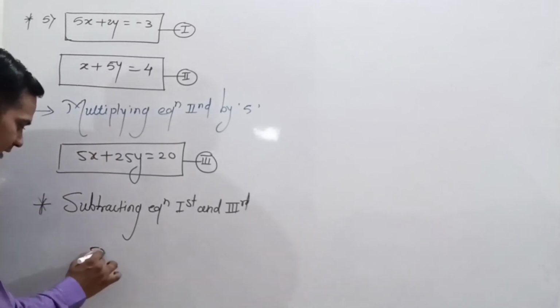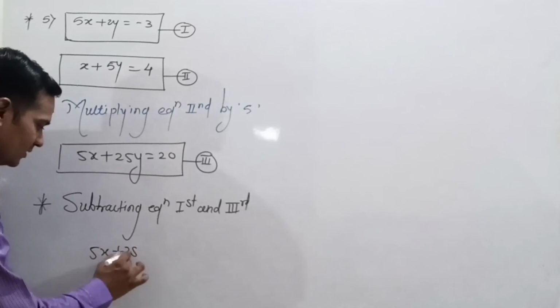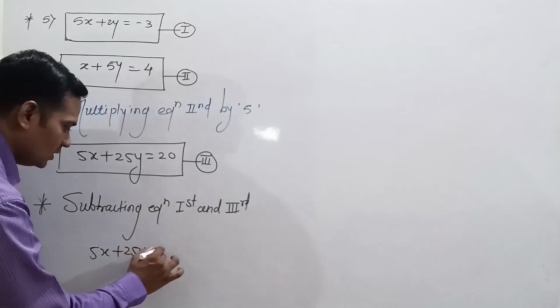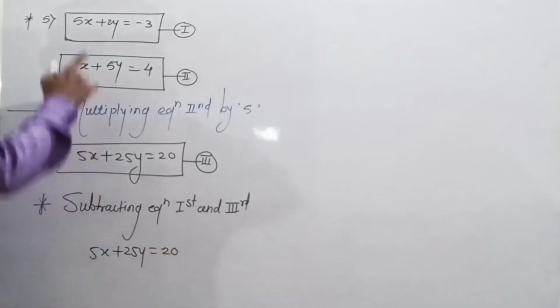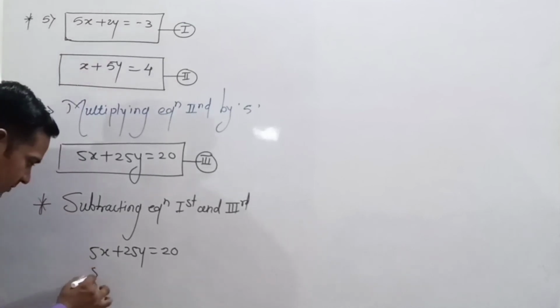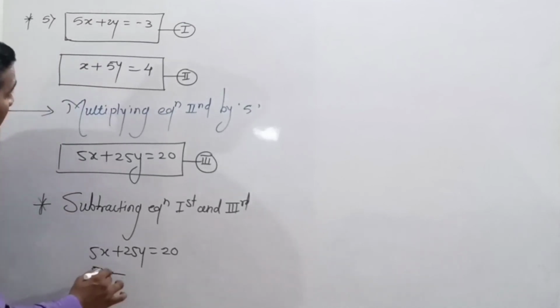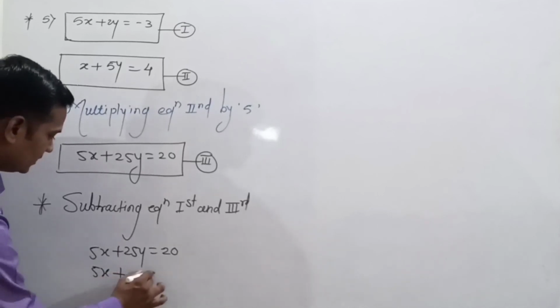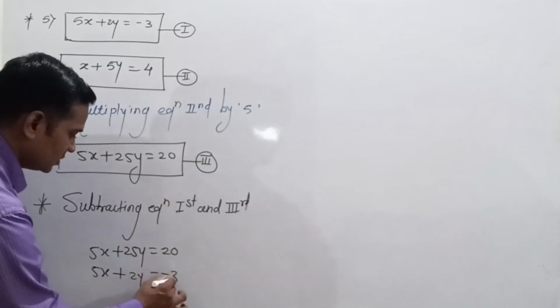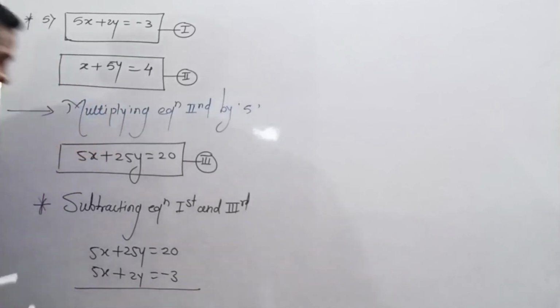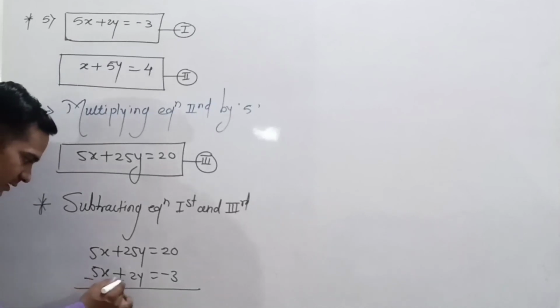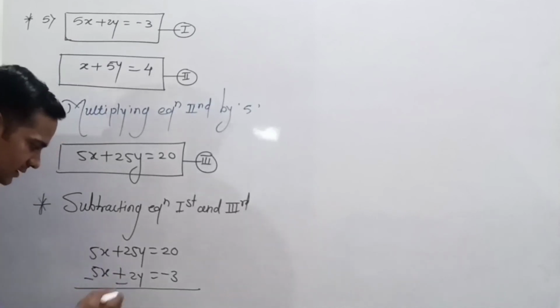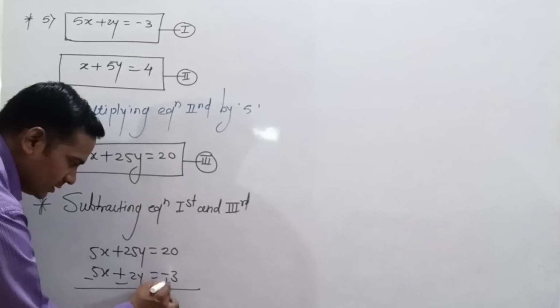Okay, first and third. So let's write down that equation first of all. So 5x plus 25y is equal to 20. Now equation number first is 5x plus 2y is equal to minus 3. Okay, so subtraction, that means we have to change the sign of this second equation. So plus will become minus here, this plus again will become minus, and this minus will become plus.